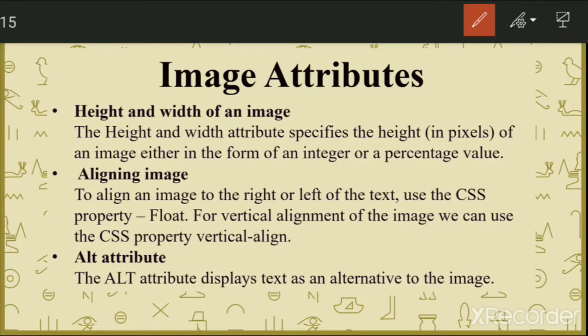So when he moves his mouse over a particular image, it will speak what this image is and why we are using it. It is an alternative text that we use in place of the image, so blind people can hear the text written as an alternative to the image.